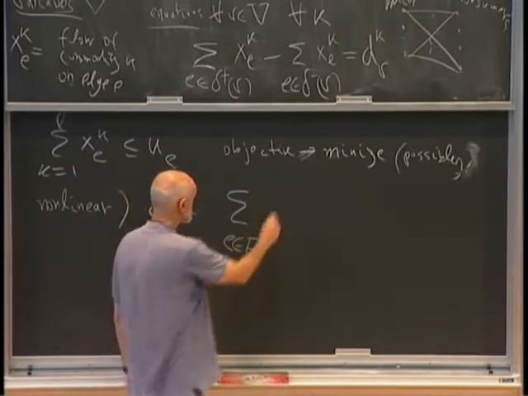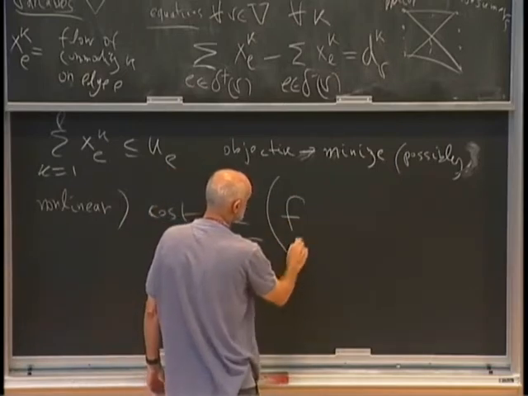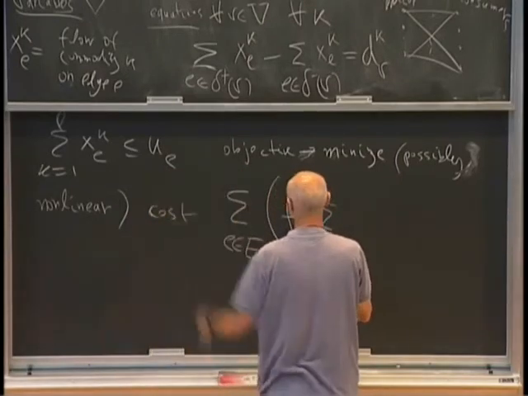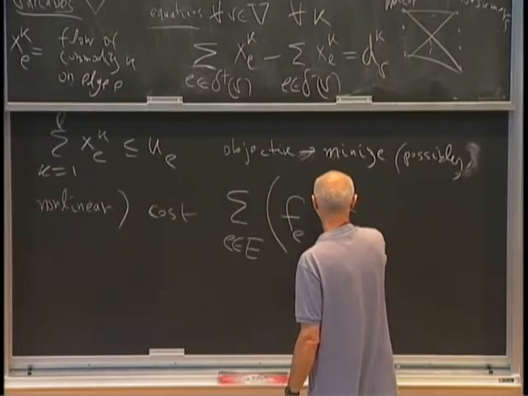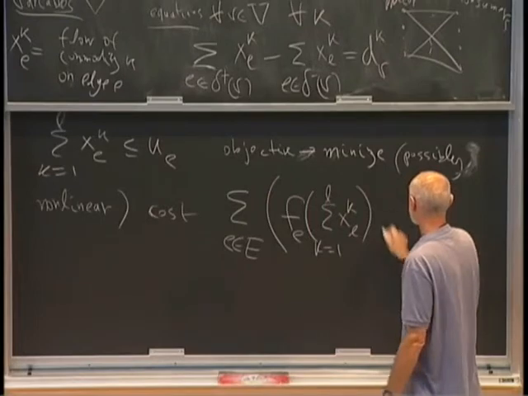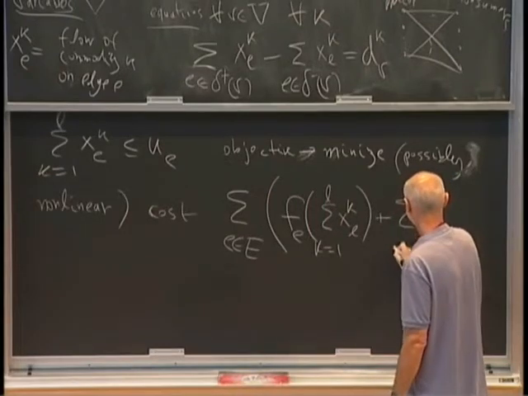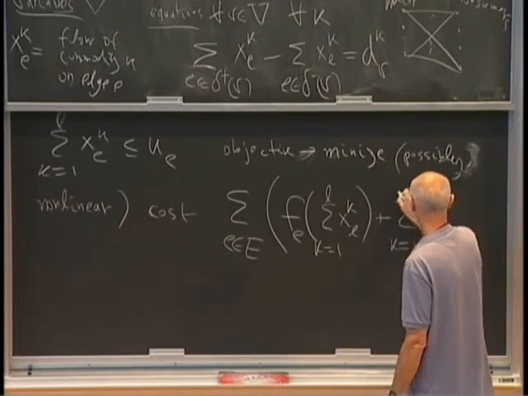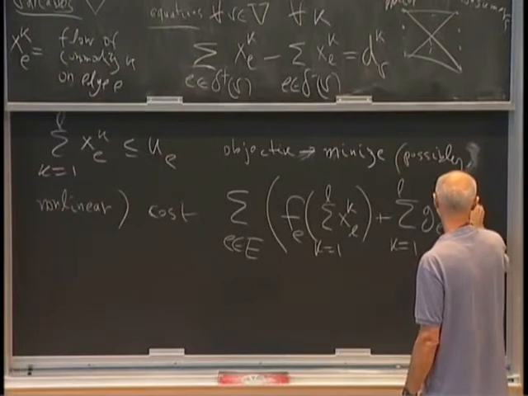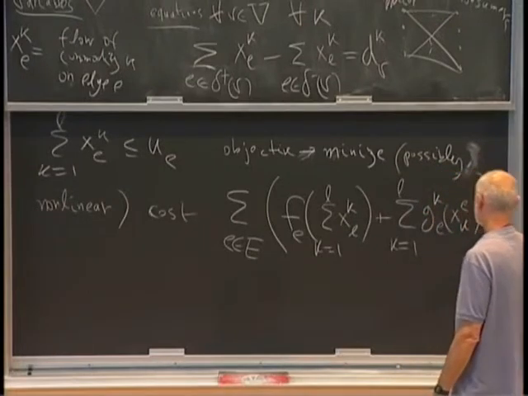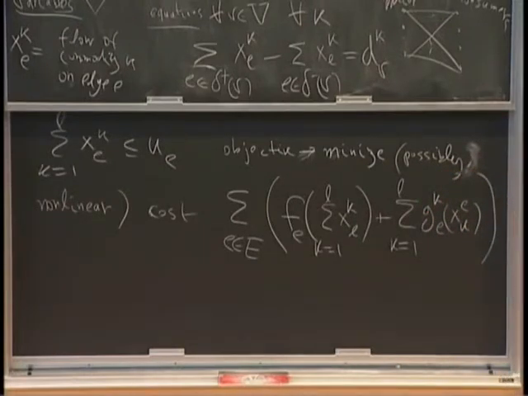For each edge, there's a function of the total flow on that edge, and additional functions of this. That's a pretty complicated expression. So this is the objective function.